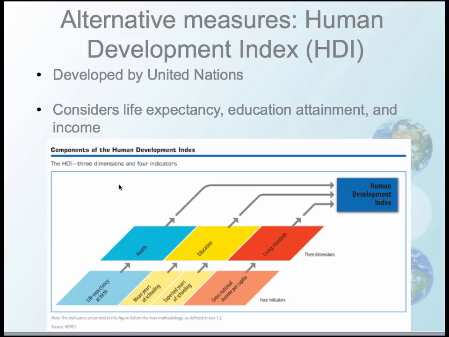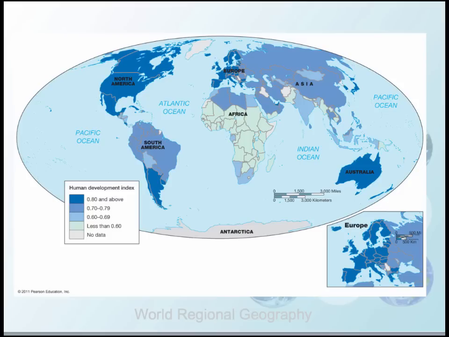So taking all of these into account, it assigns an HDI number to each country. This map shows in blue the so-called most highly developed nations, while in this light shade of green we have countries that have the lowest score in the Human Development Index.